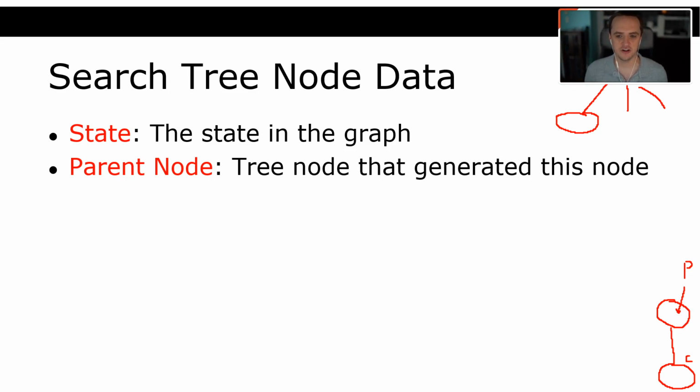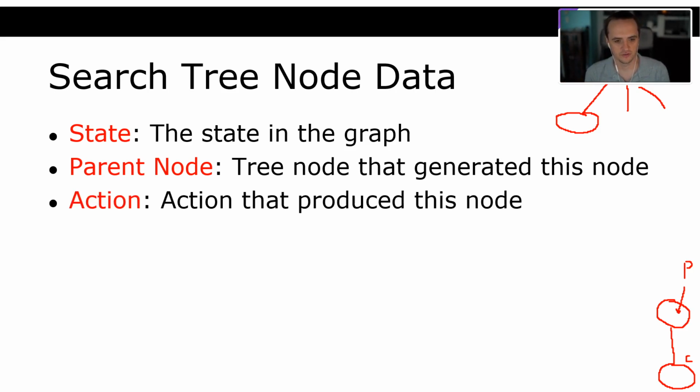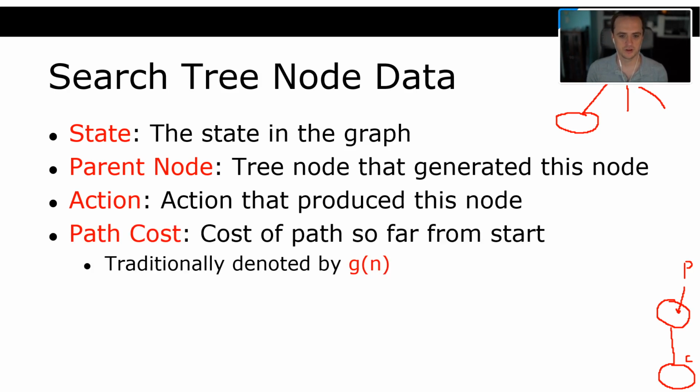So that's the tree node that generated this node, all right? Keep in mind, the parent node is not a state of the environment. It's a node in the search tree, and that's a very important distinction. We may want to store the action. So this is the action, right? Maybe moving left or going up or going from A to B. That was the action that produced this node.